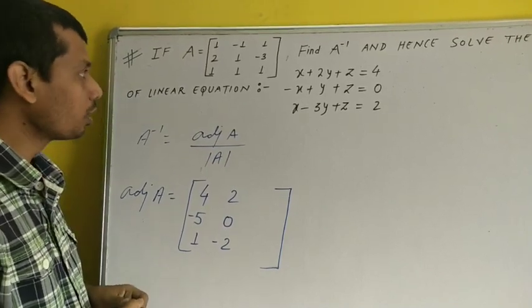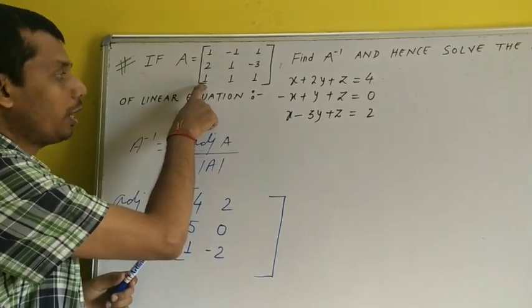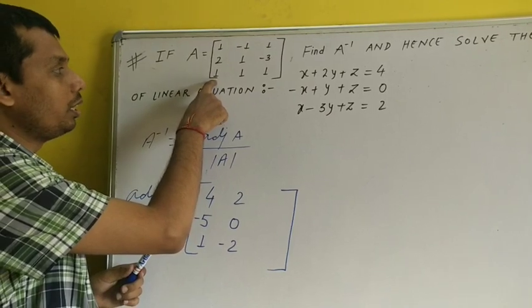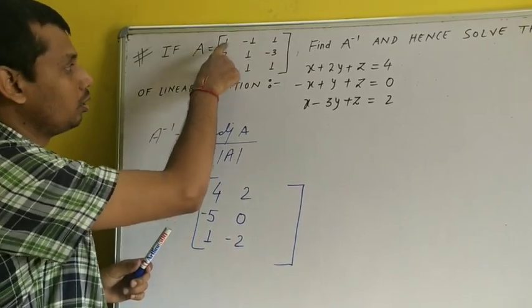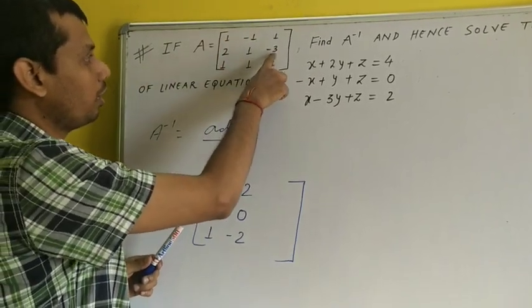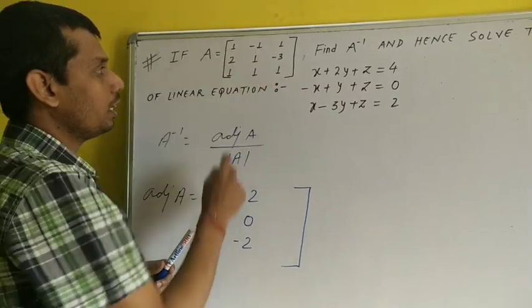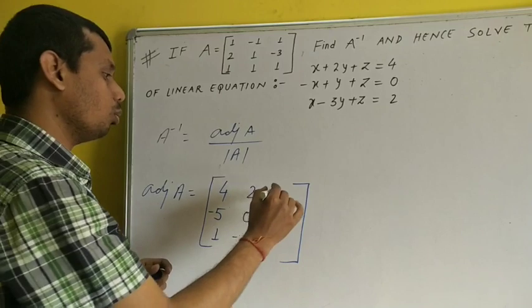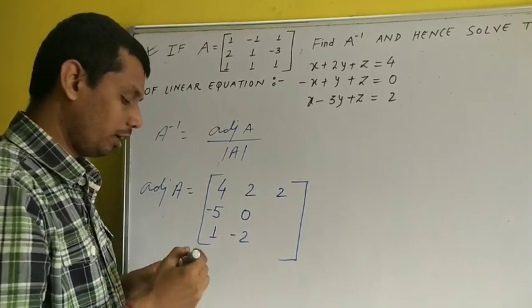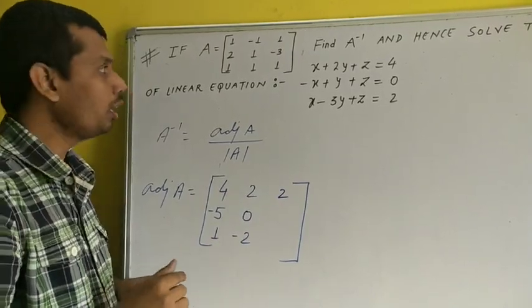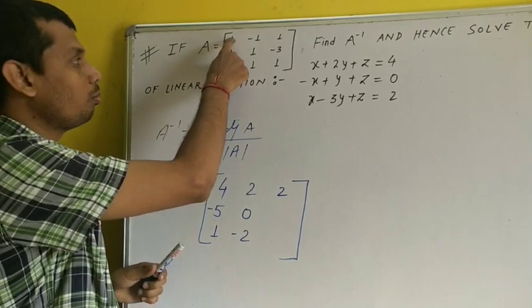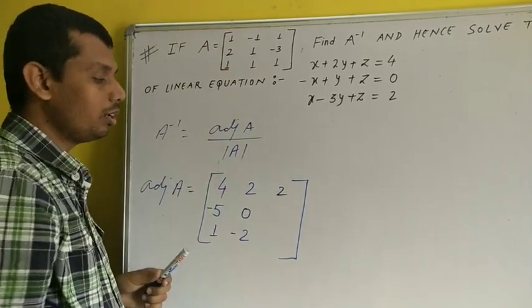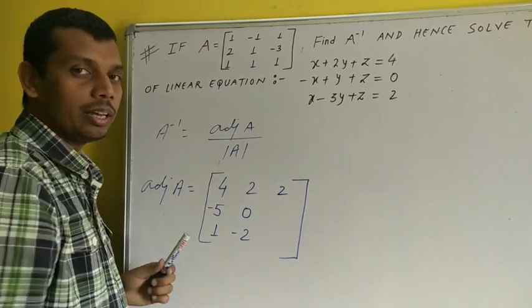Now the cofactor of element A31. We will not consider these two. Minus 3 into minus 1 is 3. 3 minus 1 will be equal to 2. And the positional sign is plus, plus minus plus, so we will keep the element as it is.